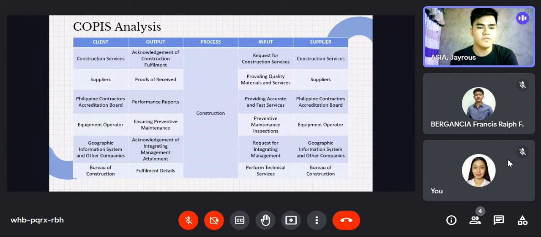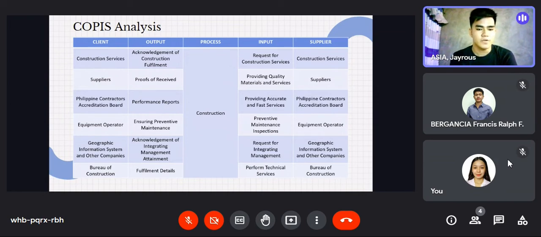The same process applies to the following client, where we have the providing of quality materials and services to the suppliers, and the output will be the proof of receipt. Next, providing accurate and fast services is the input from our client, the Philippine Contractors Accreditation Board, and the output will be the performance report. In terms of preventive maintenance inspections, as an input, the equipment operator, which is the client, and the output will be ensuring preventive maintenance.